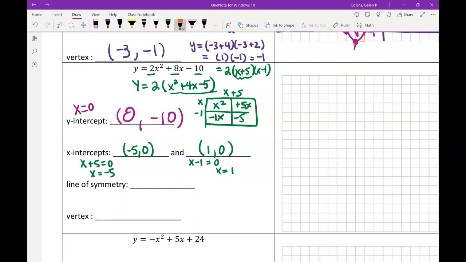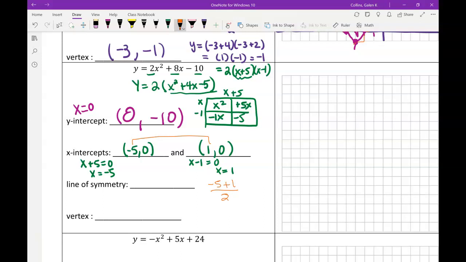All right, so now to find the line of symmetry, we could just think what number is exactly between negative 5 and positive 1 on the number line. And if we're not sure, we could just think of literally averaging those two numbers. So negative 5 plus 1, divided by 2.